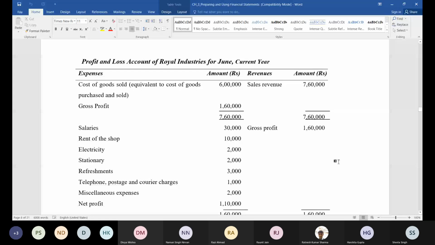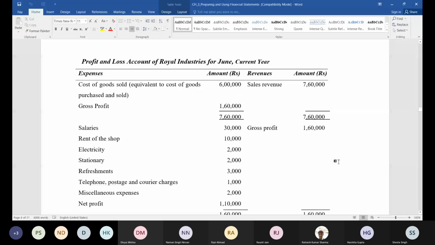We bring it down on the right side again, and now from this gross profit we take out all the other incidental expenses for running our business, which are not directly related to making of the product. So we may have office staff, rent, electricity, stationery, refreshments, telephone, other miscellaneous expenses.